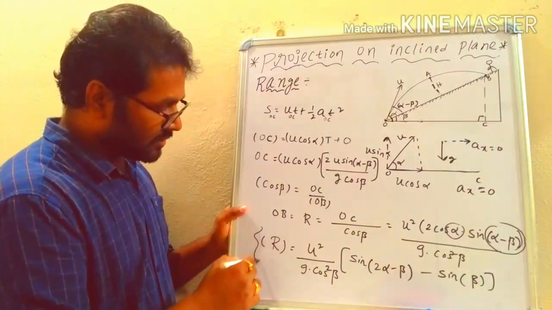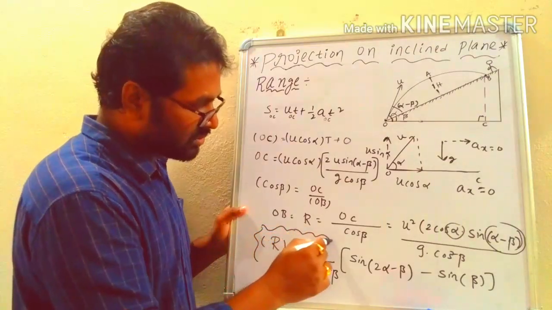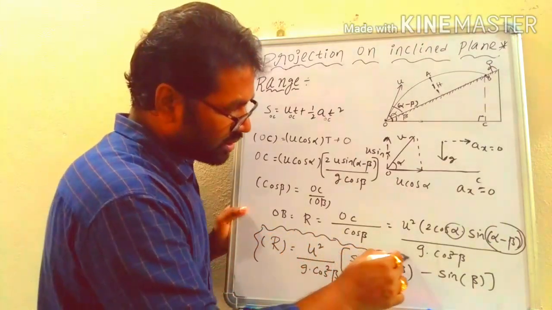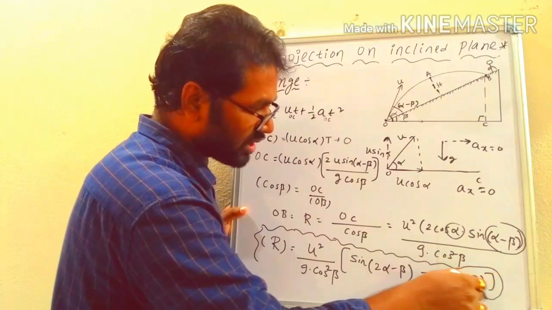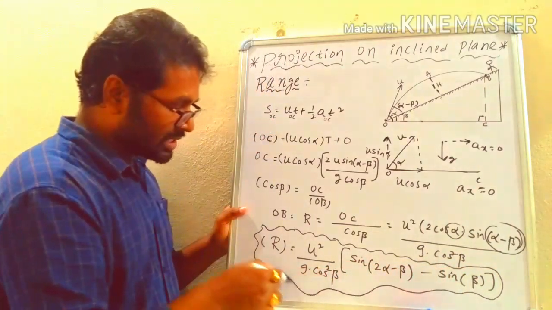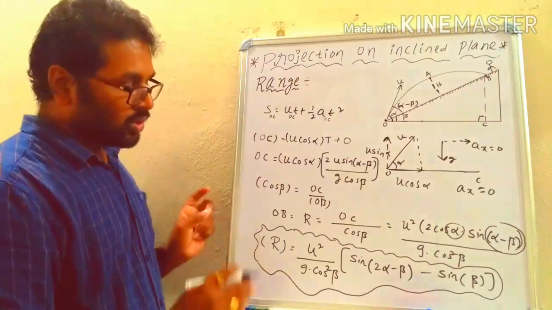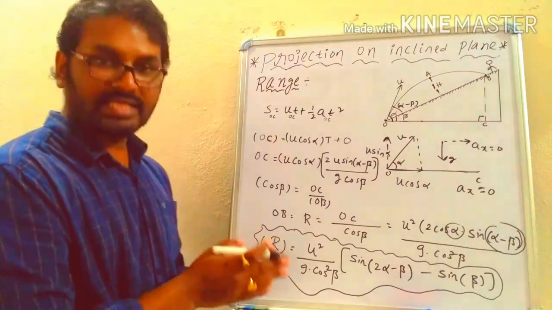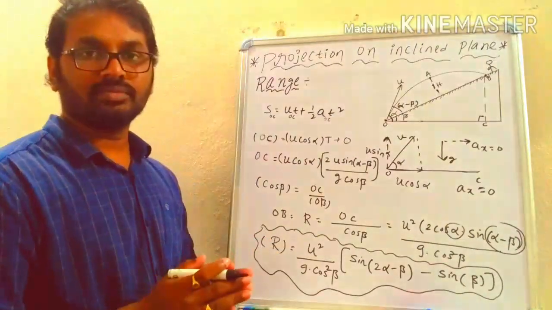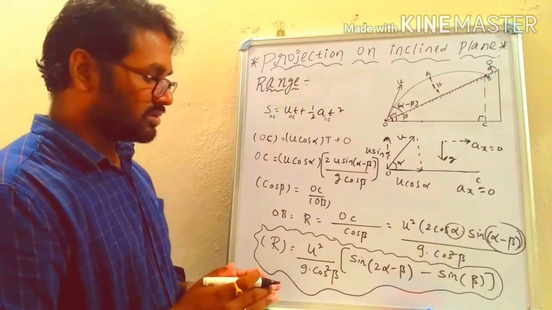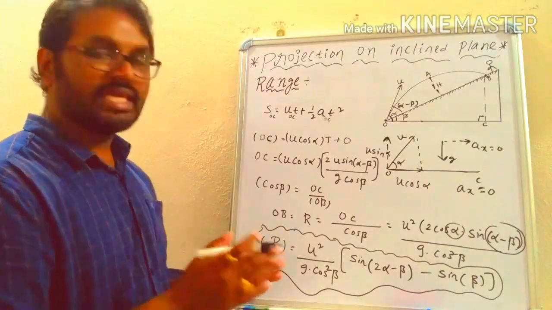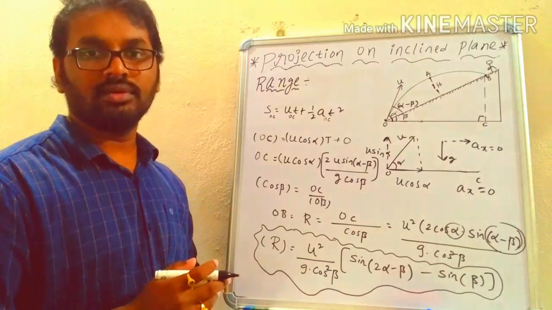So this is the most general expression for the range when the projectile is projected up along the plane. This is a big expression, but if you practice 2 or 3 times, then this equation will become familiar to us.